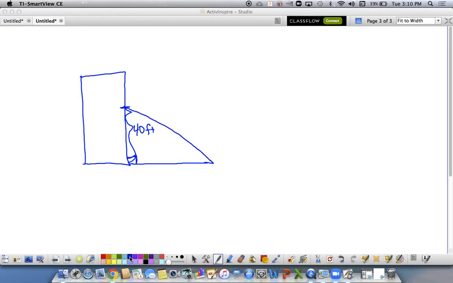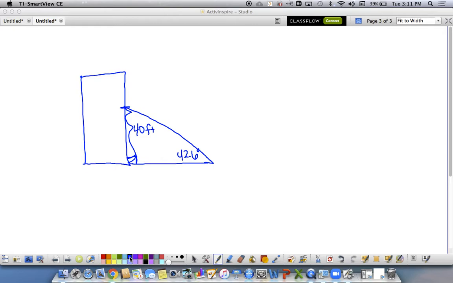This building is going to come down at a right angle. The angle of elevation from someone standing on the ground to an apartment balcony 40 feet above is 42.6 degrees. How far is the person from the balcony?